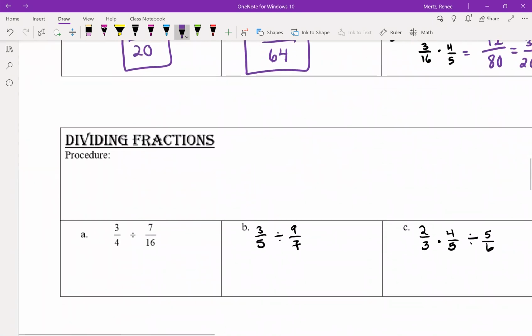Then lastly, we're going to divide fractions. You probably remember back from middle school that when you're dividing fractions, we do keep, change, flip, or we multiply by the reciprocal.